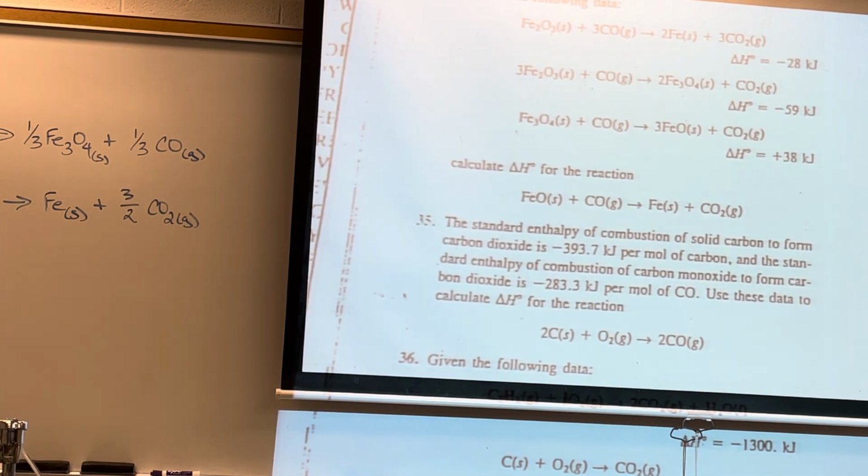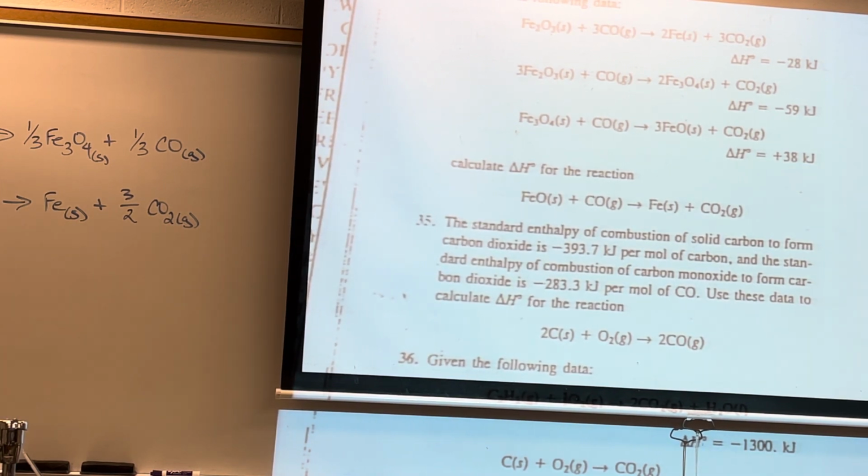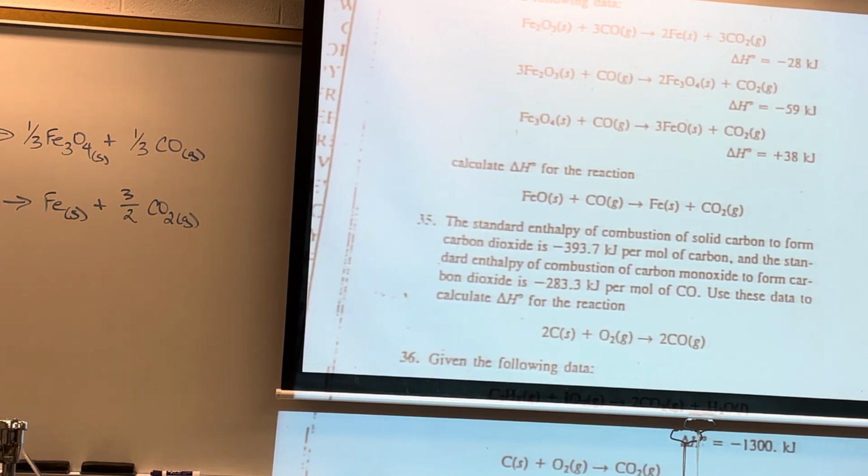So that's going to give me 1/6 times 2, which is 2/6, which is 1/3 Fe3O4.